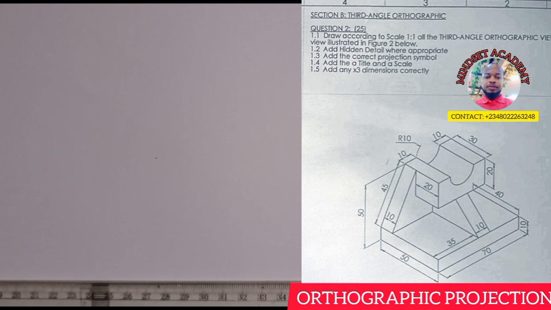We want to solve the problem that is displayed at the right hand side of the screen. If you look at the figure closely, that is an isometric projection of a given figure.